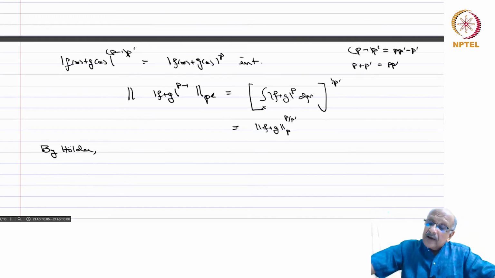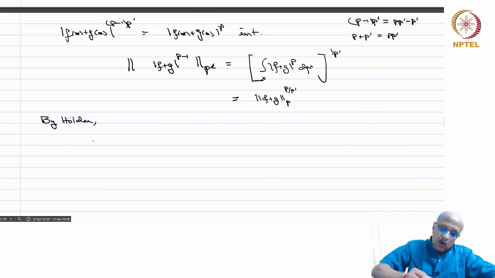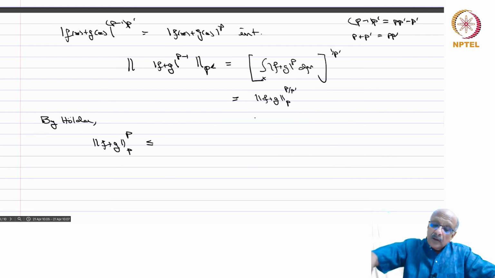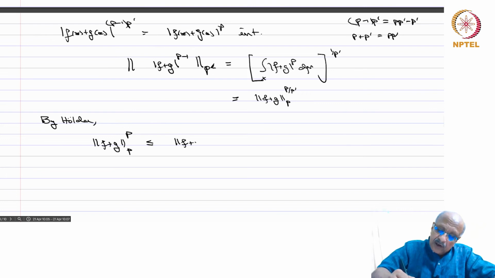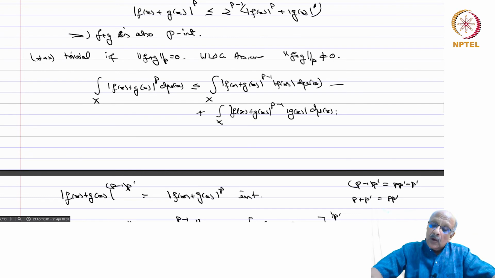The left hand side is ||f+g||_p to the power p, which is less than or equal to, since we want the p' norm of this function, ||f+g||_p^(p/p') into ||f||_p, and similarly the other term would give you ||g||_p. Okay.